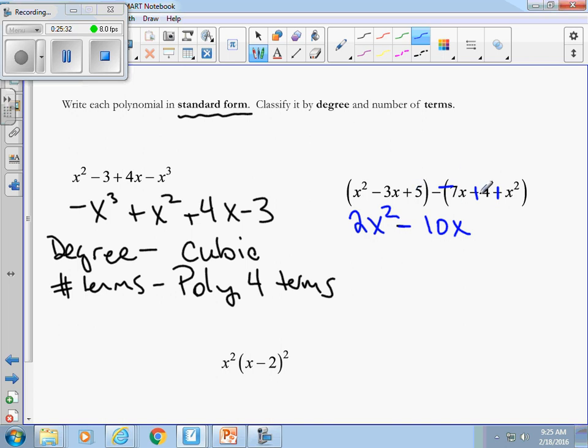Positive 5 and positive 4, which makes 9. Now, based on its degree, what is it? Quadratic. And how many terms? So what's that called?